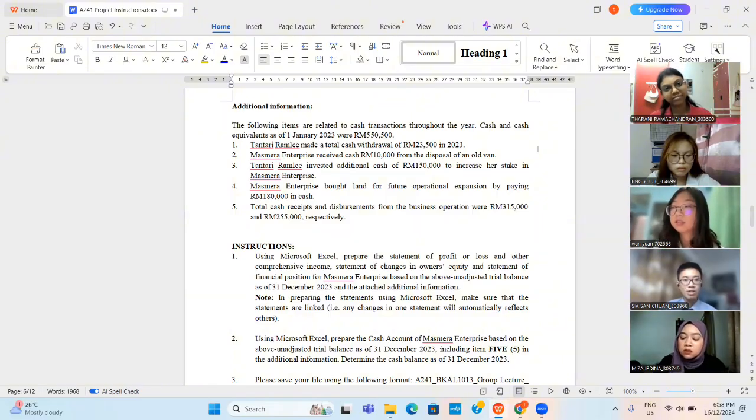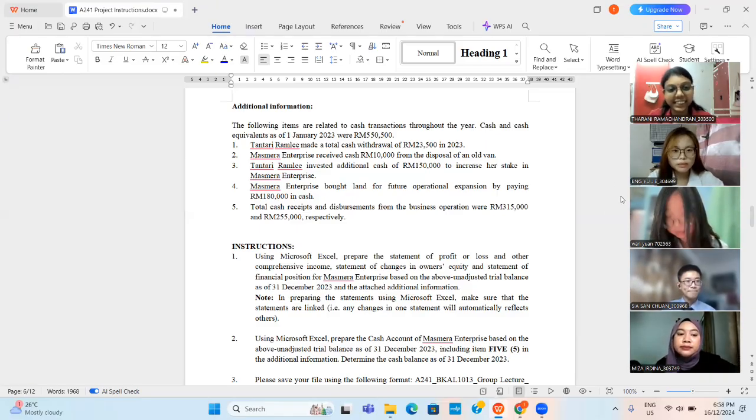For the second, the receipt of cash is adding cash. For the third, the investor's additional cash is adding cash. Number four, buying land is an expense of cash. Number five, cash receipt is receipt of money, so we add cash, and the cash disbursement is an expense of cash. Is everyone clear? Yeah.